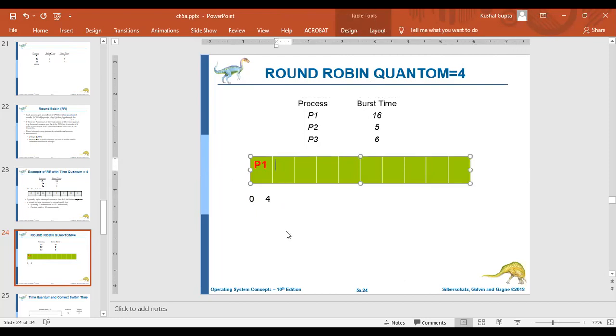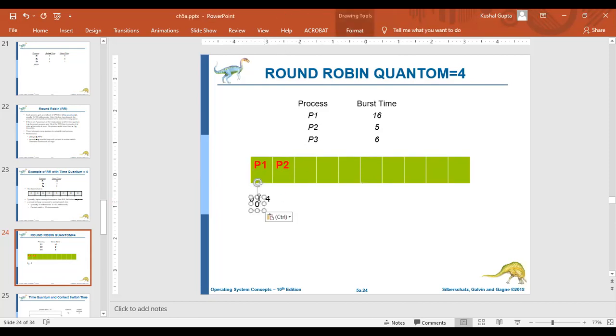Now after P1, P1 will be removed. So which process will be coming next? That is P2. P2 will start from 4. When P2 will be ending up at 9? No, at 8. Because the time quantum is 4.